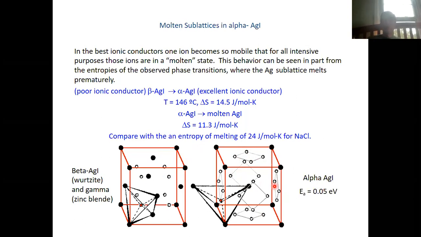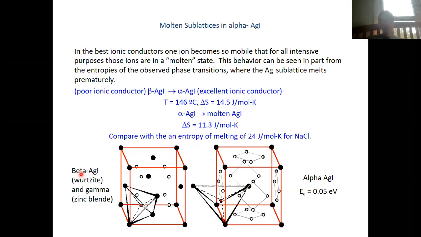Both of these phases contain iodide, but one is very conducting while the other one is not. Therefore, further conditions need to be fulfilled in order to produce silver ion conductivity. This has to do with the actual crystal structures of the two compounds and how the ions are arranged relative to each other.